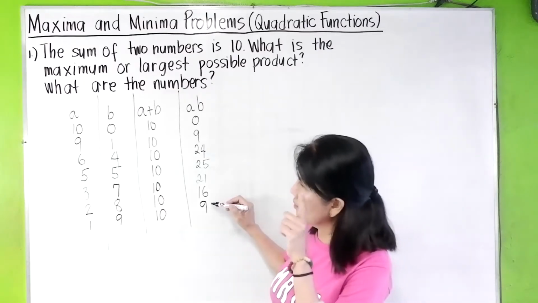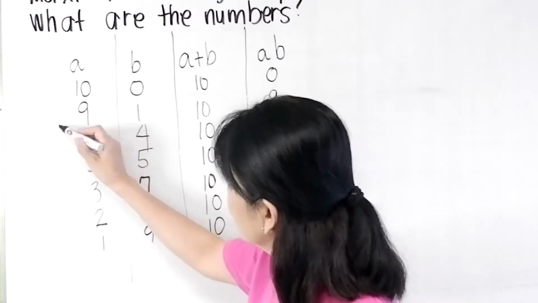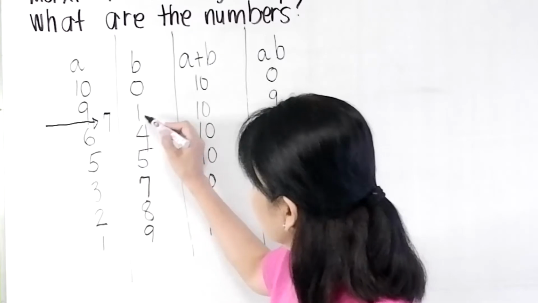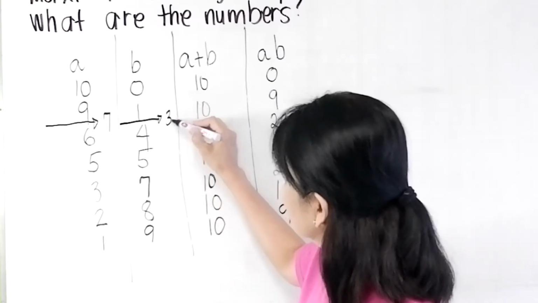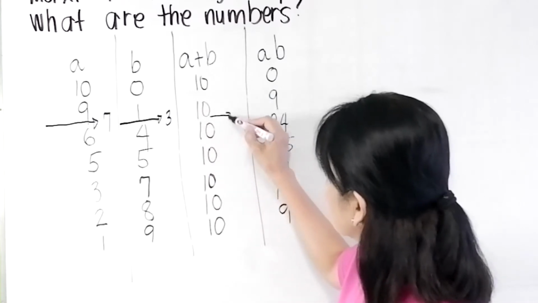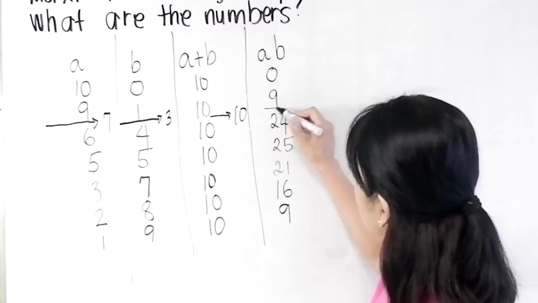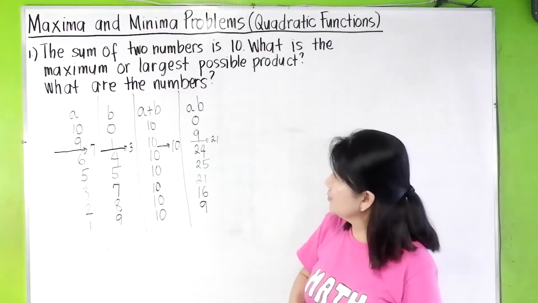Let us say we insert another number here. Let's say instead of 9, let's put here a 7. So the next number will be 3. The sum will still be 10. And 7 times 3 is 21. See? So what did you observe?